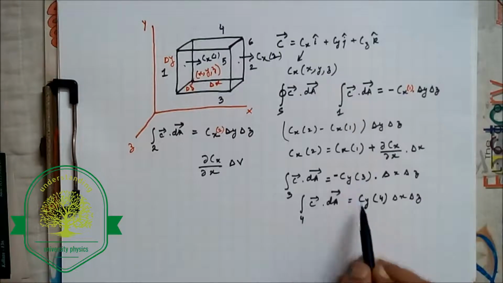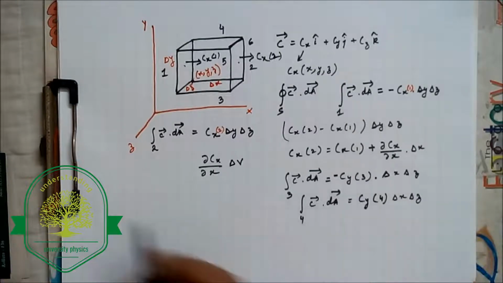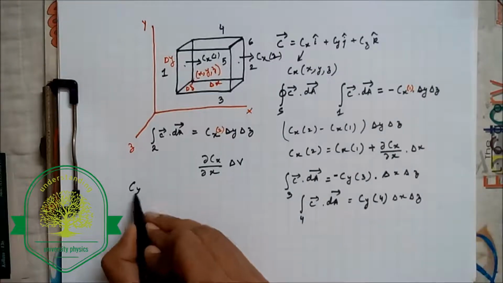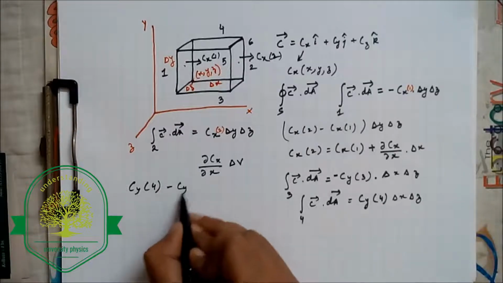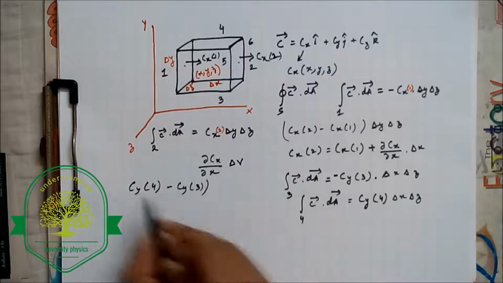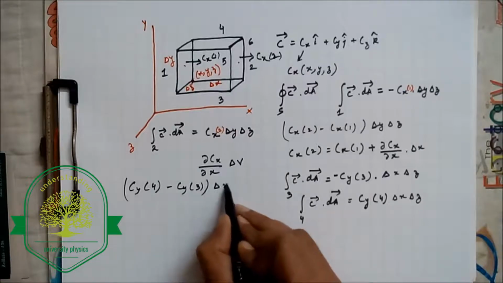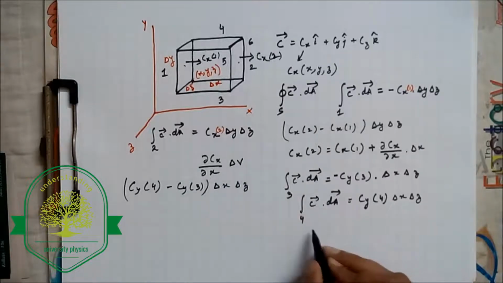If we add these two up, we have cy at surface 4 minus cy at surface 3 times delta x, delta z.